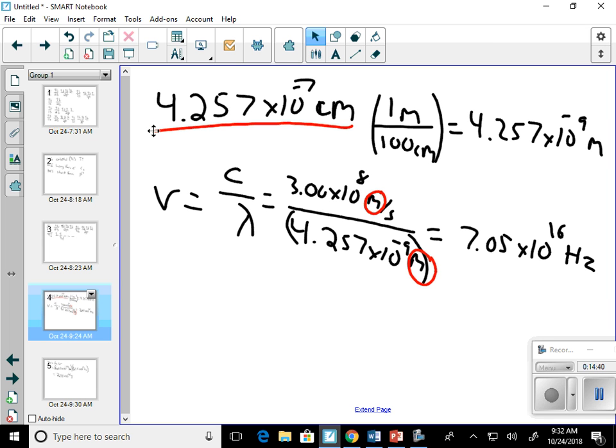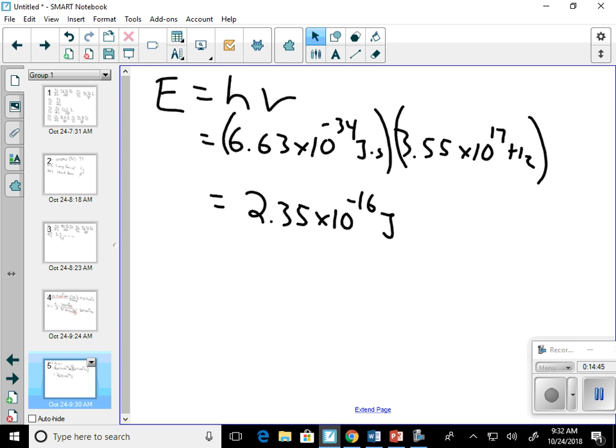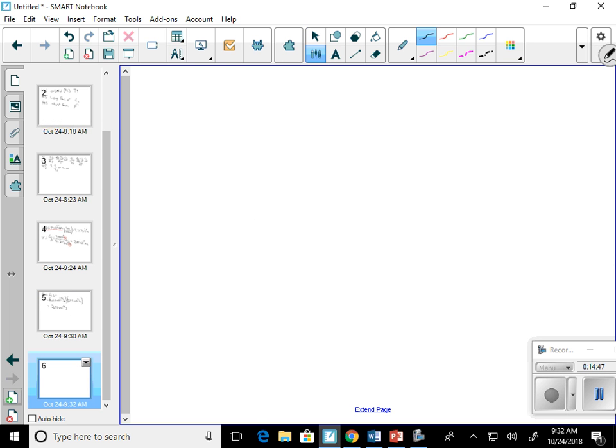Or I could give you a color. So better yet, I'll give you a color right now. Violet. Violet has a wavelength around 400 nanometers. I can ask you to solve for how much energy is in that violet color.